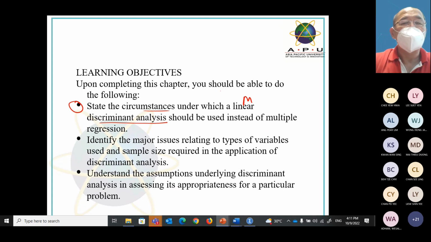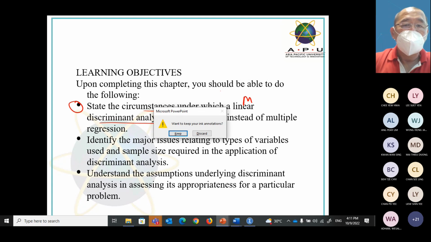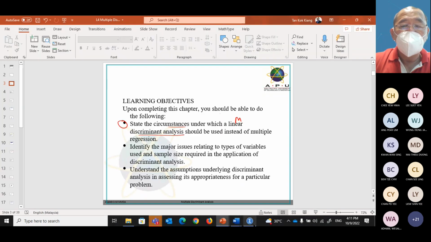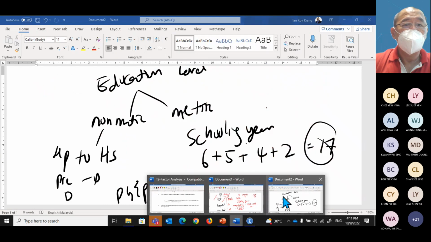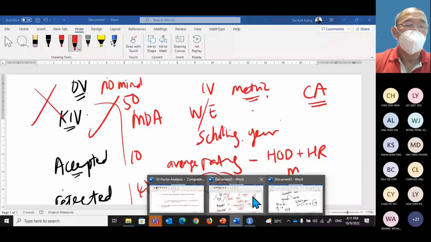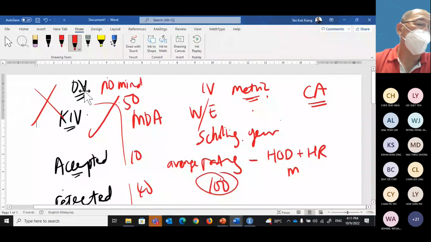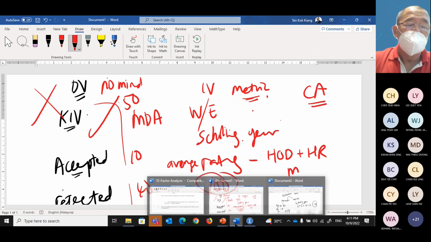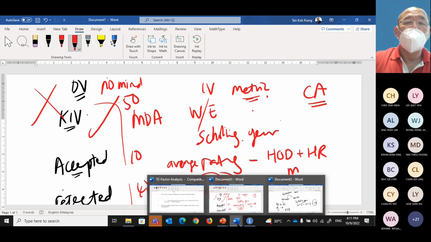But now the dependent is non-metric. Therefore, we cannot use multiple linear regression in this context. You can also find some similar contexts. So now continue.